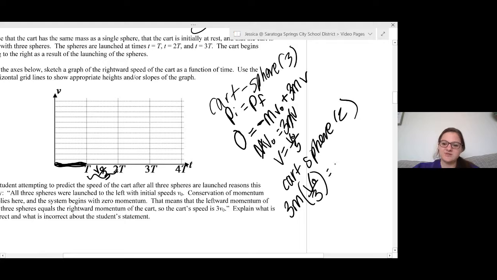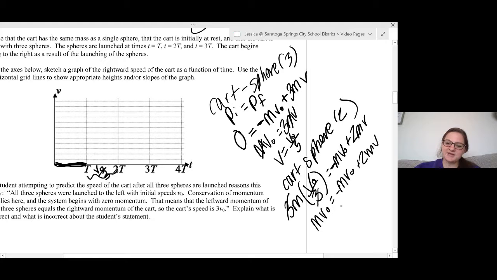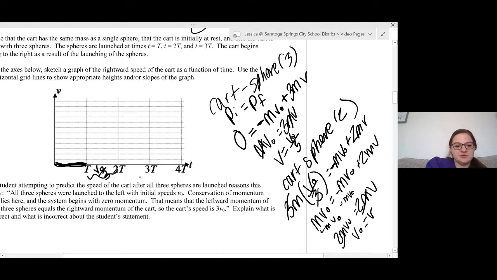One of the spheres is launched, and I'm left with a mass of 2m afterwards. So this simplifies to mv0 plus 2mv. So I add this mv0 to both sides. So this is 2mv0 equals 2mv. So during this time, we are at a speed of v0.